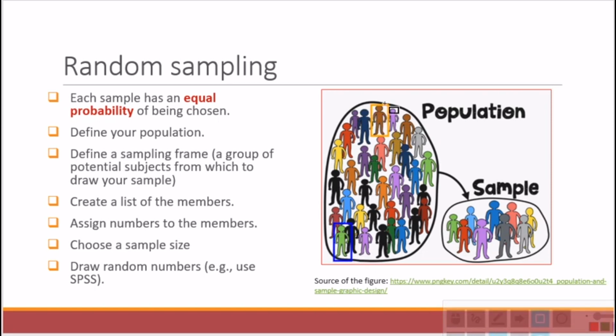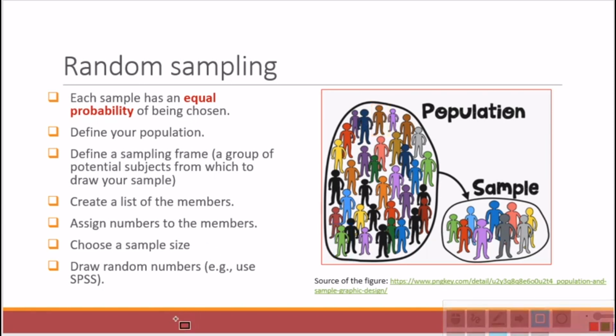You have the same chance or probability of being chosen as a sample as this person has and as anybody else has in this sample. And that's what makes it a random kind of sampling.